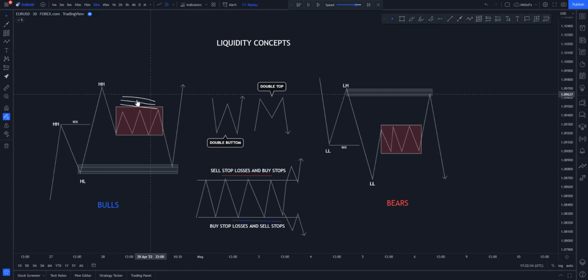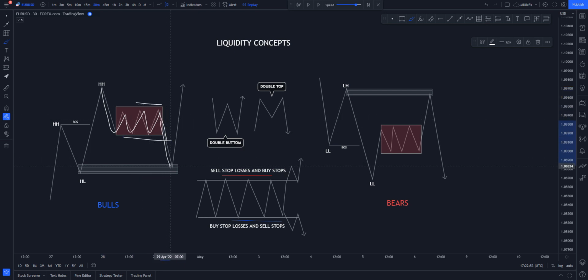So we have sell stop losses and buy stop losses here, right? Price came and it is ranging like this, or you are saying okay fine, I'm going to put my sell stop here and my stop loss here, so price is going to tap me into this particular trade and continue making profits.